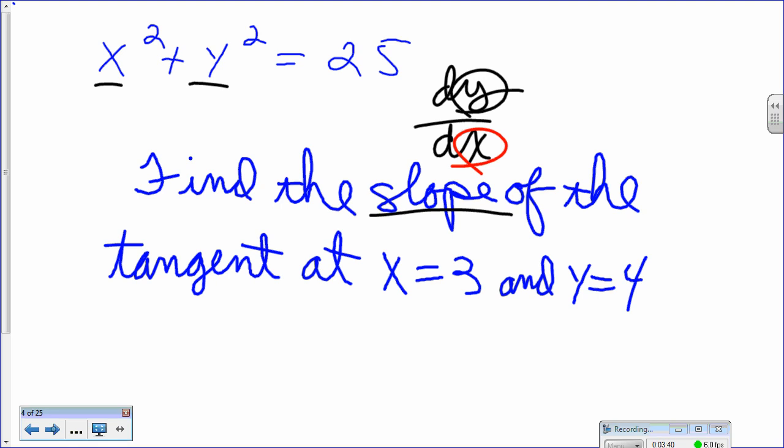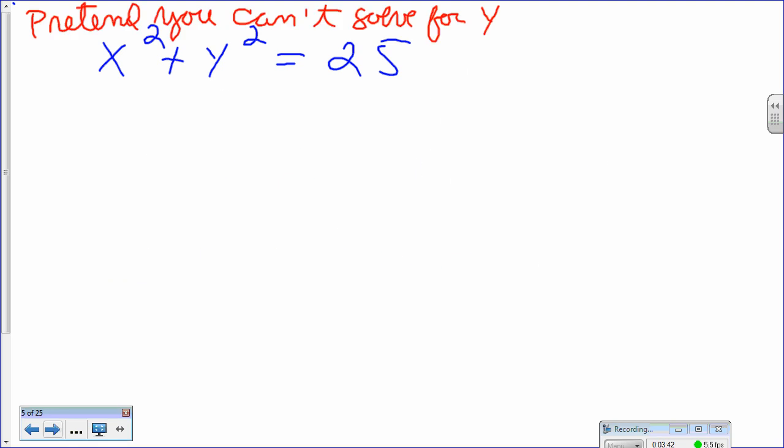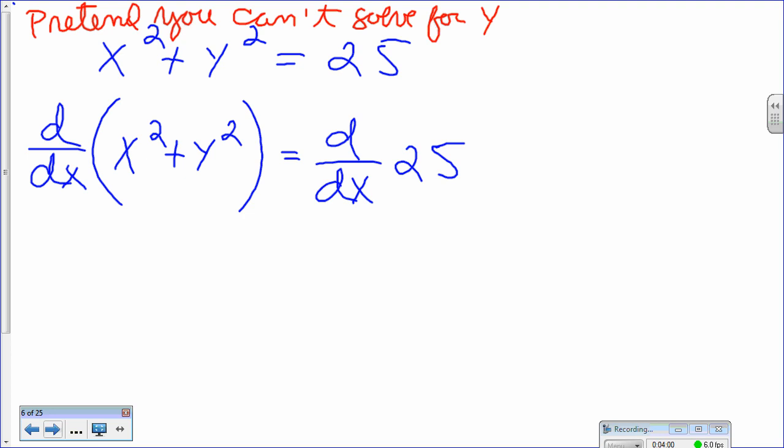So when I see this equation, I have to think about x being a variable, just like normal, but I have to think about y being a function that I just can't solve for. We're pretending we can't solve for y, so y is some function, I just don't know what it is. So what I want to do is take a derivative, right?